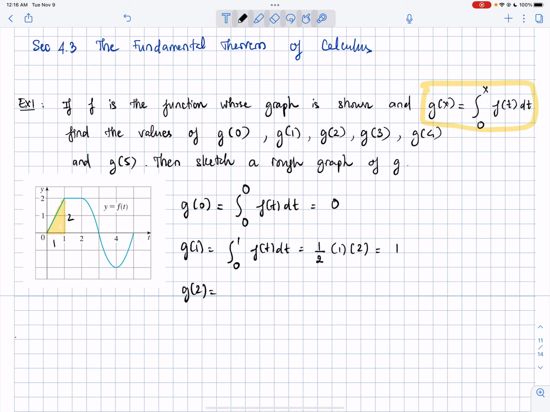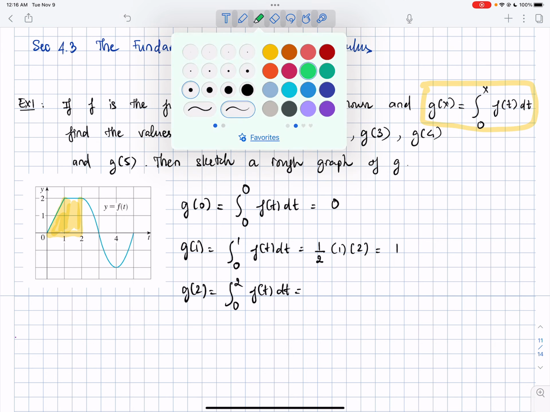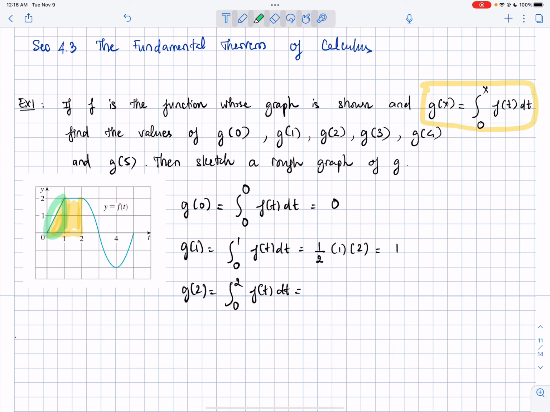g of 2 is the integral from 0 to 2 of f of t dt. So we have the area from 0 to 2, which is this. But we notice that we already calculated the area from 0 to 1.